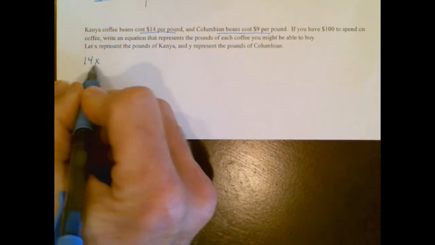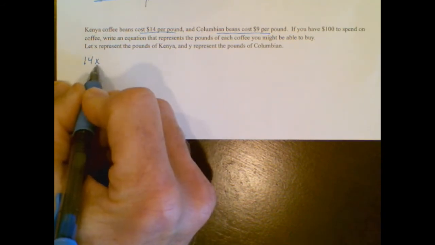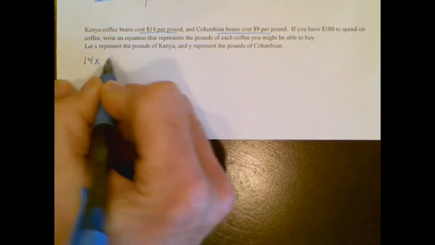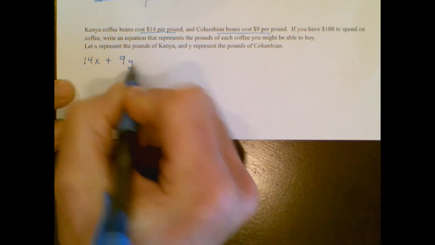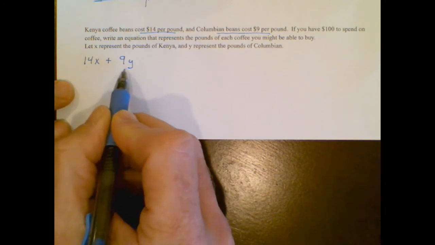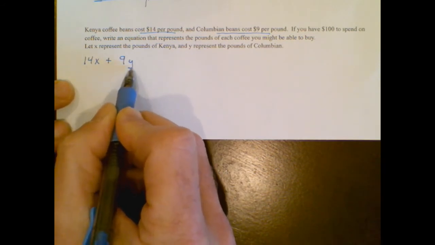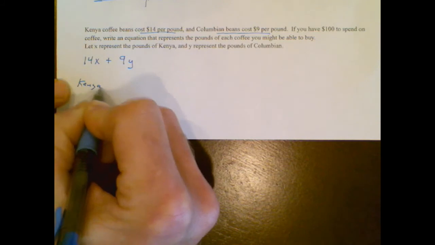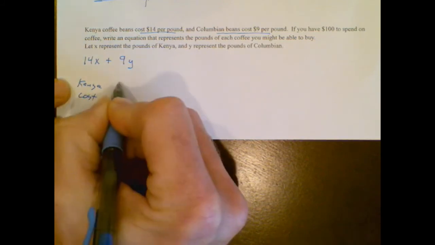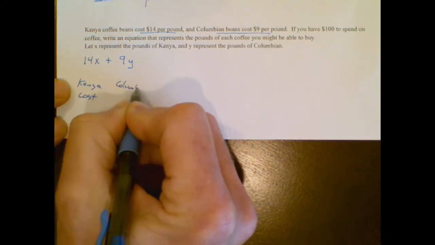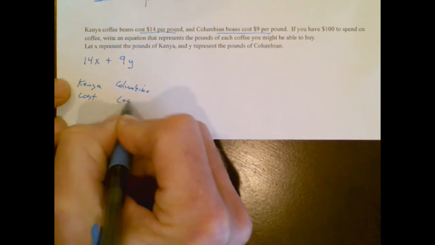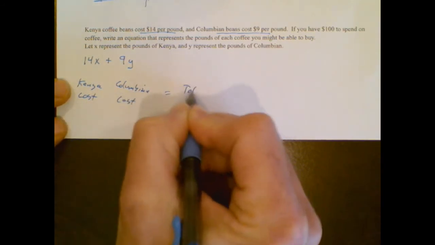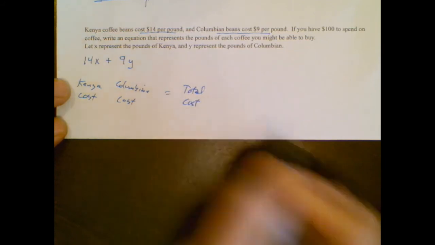So 14X gives me the cost of buying as many pounds of Kenya beans as I want. And then 9Y is going to give me the cost, $9 for Y pounds of Colombian coffee. So if I do the Kenya cost plus the Colombian cost, I'm going to get the total cost of my coffee bill.